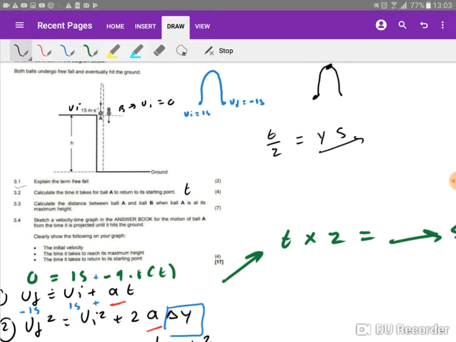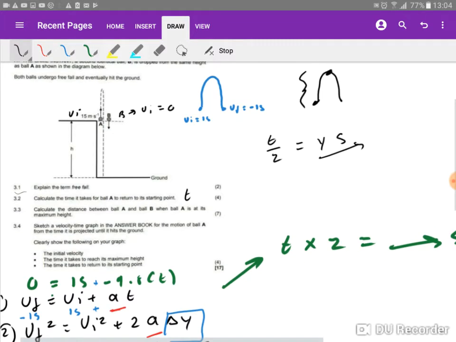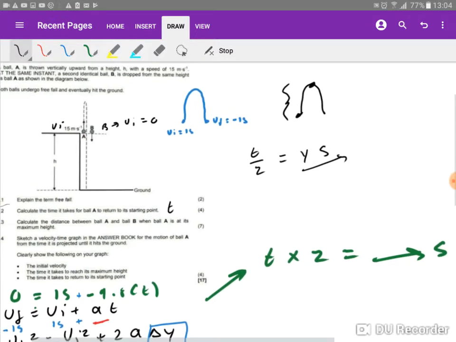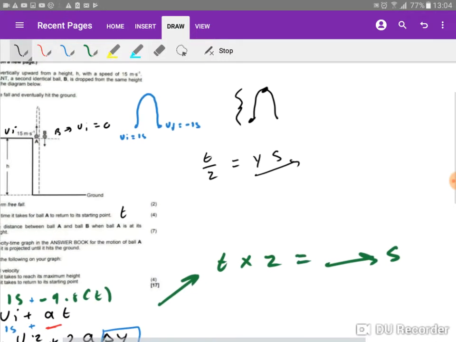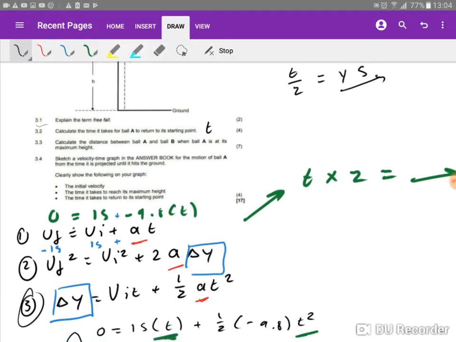And for that time, we also need to calculate a distance. So let's calculate how far up ball A goes. Let's calculate A's maximum height, and we'll have the time y seconds that it takes to get to that maximum height. And then once we have A's maximum height, we can use any formula to get it.